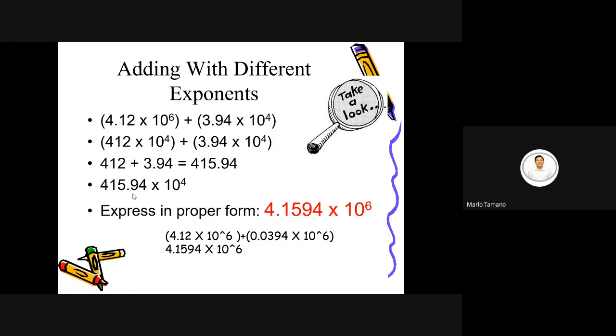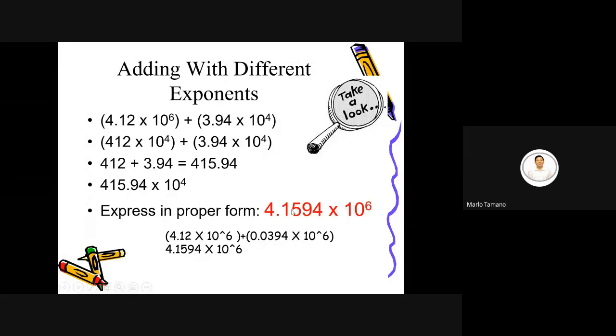All we have to do is move the decimal point going to the left. Sa kaliwa po, dalawa pa. 1, 2. So the number of movements or units going to the left, that is the number to be added doon sa exponent na 4. So that's why 4 plus 2, 6. Express in proper form, that is 4.1594 times 10 to the 6th power. Yan na po yung final answer.